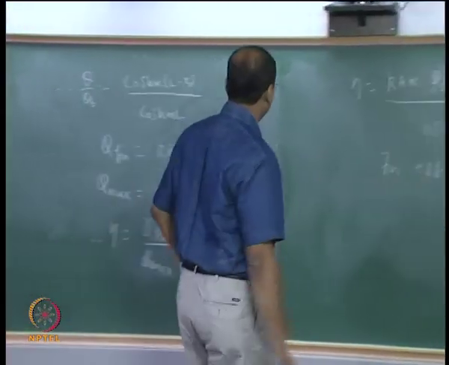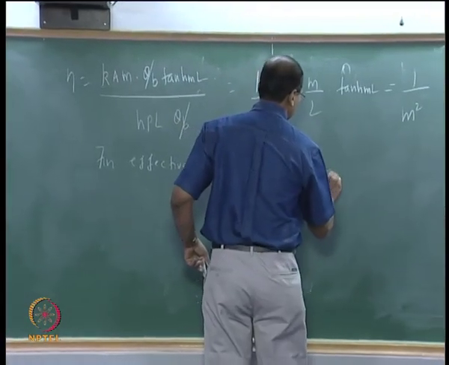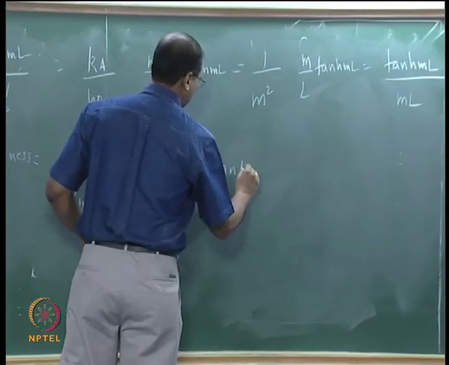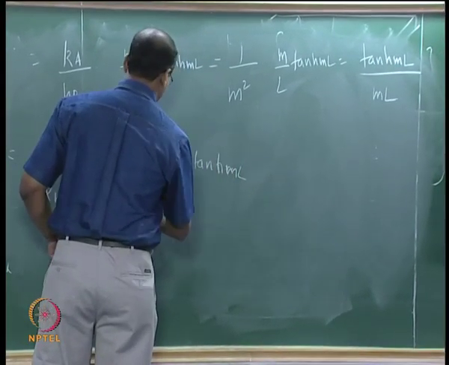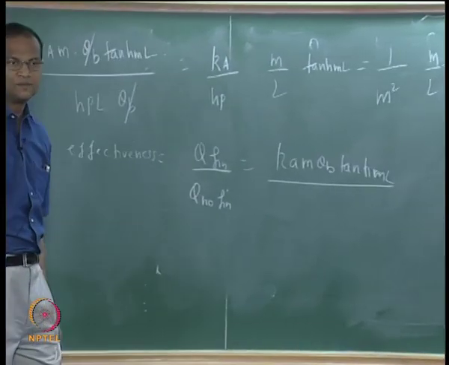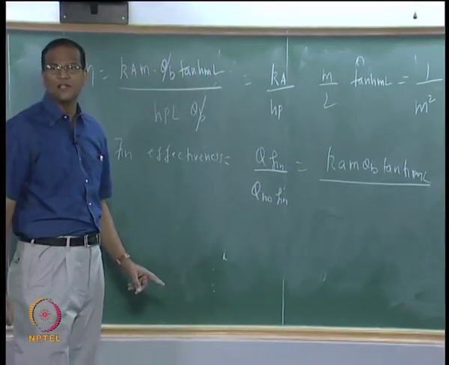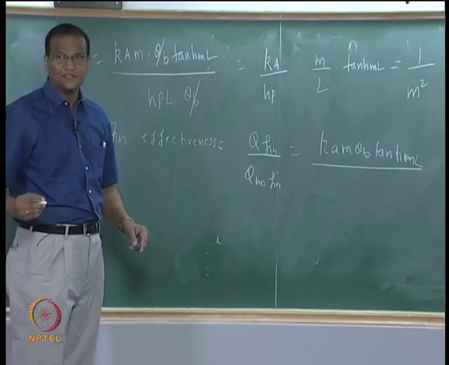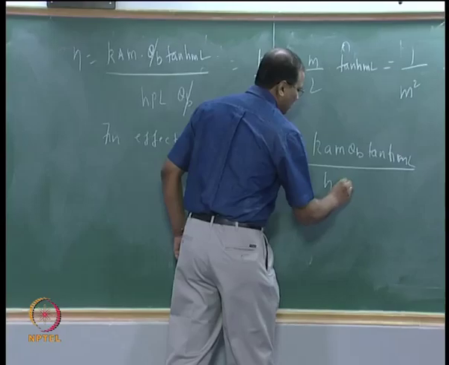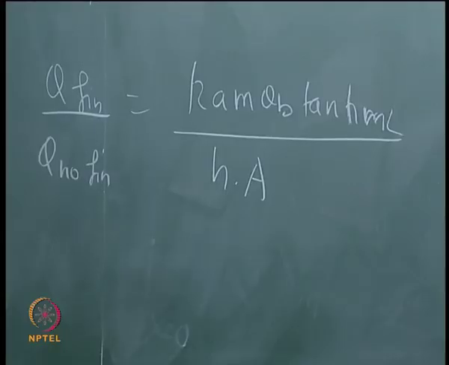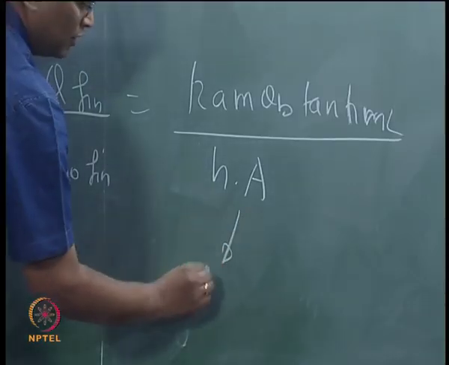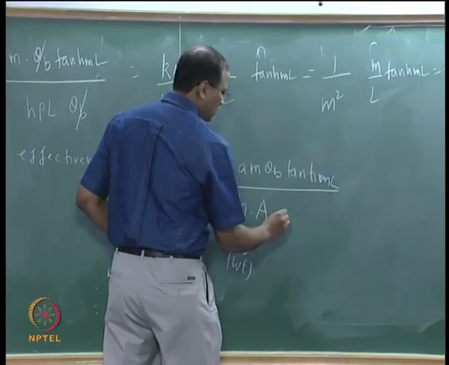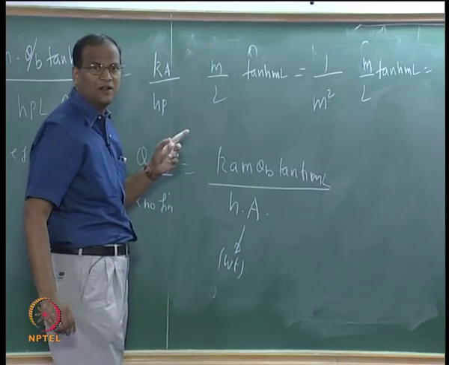Now, this will be equal to, denominator, please tell me the denominator. Assuming same thickness, it is h into A. What is the A? W t, correct, into, no number of fins, only one fin for every fin, theta b.